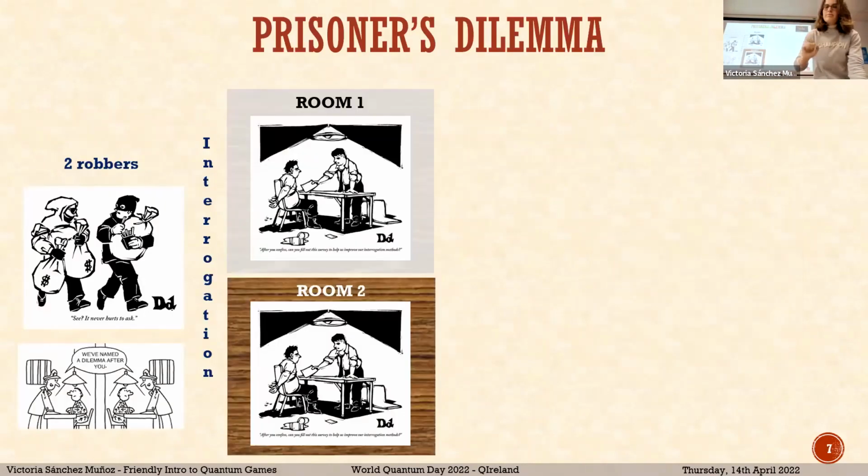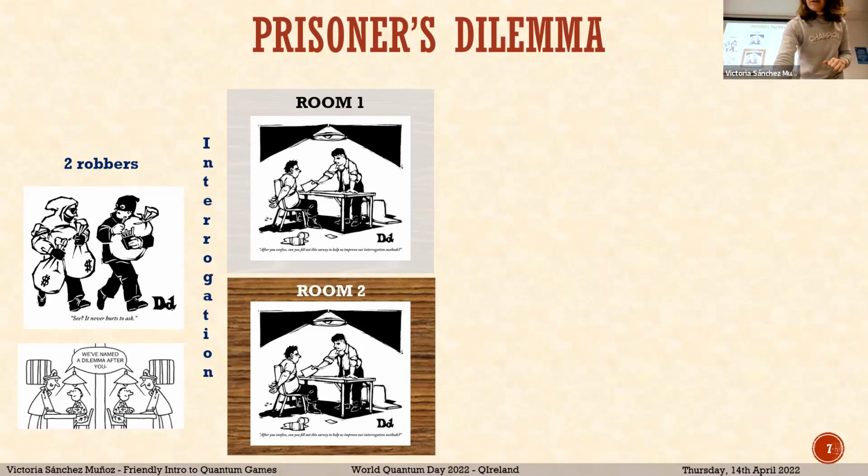So let me remind you a bit of it. For the prisoner's dilemma, we have two robbers that are caught, and they are placed into two separate interrogation rooms so that they cannot communicate during the interrogation process.